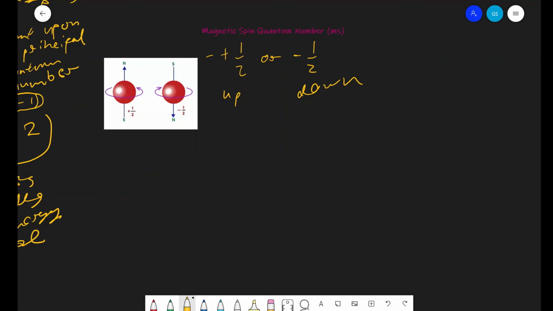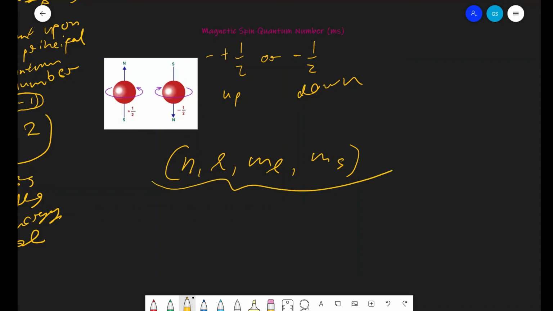In parentheses, you write them like coordinates: it's n, l, ml, and finally ms, as the subscript. That's how you would write the quantum numbers for one electron. I'm going to be showing this in the next video.